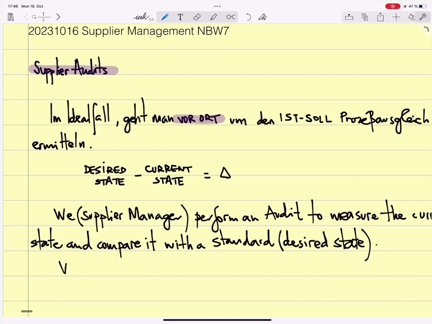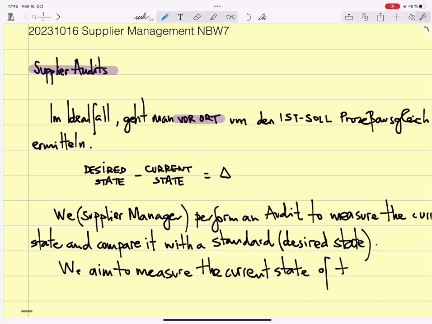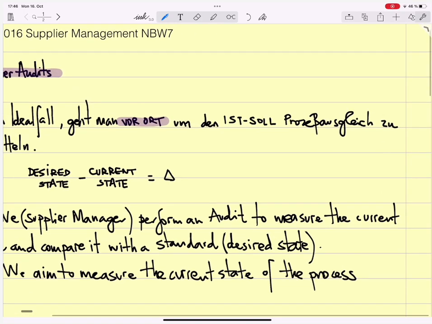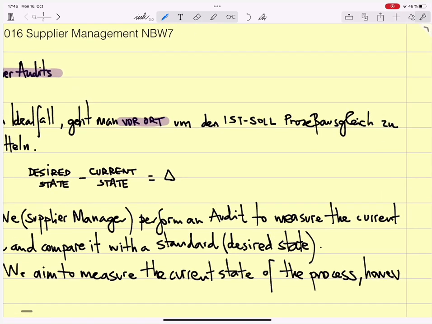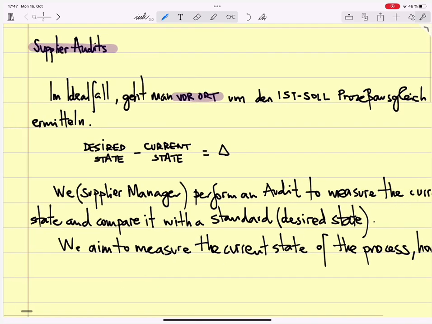We aim to measure the current state of the process. However, a process is a complex reality.